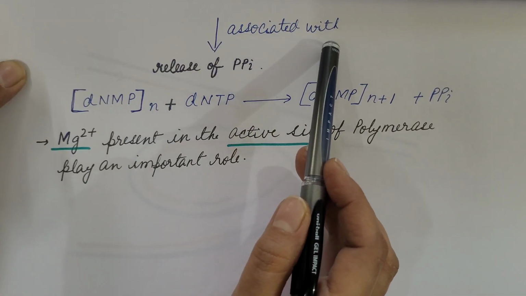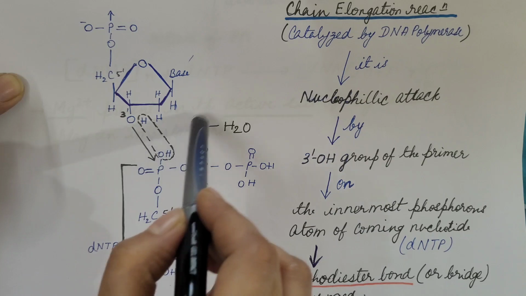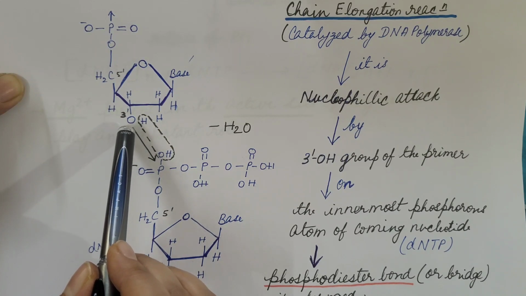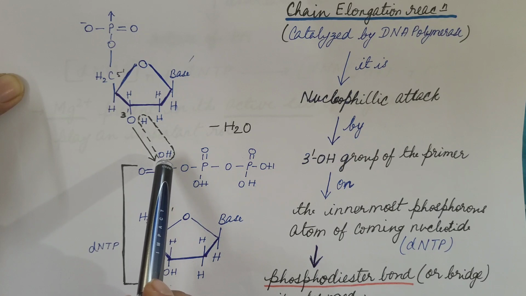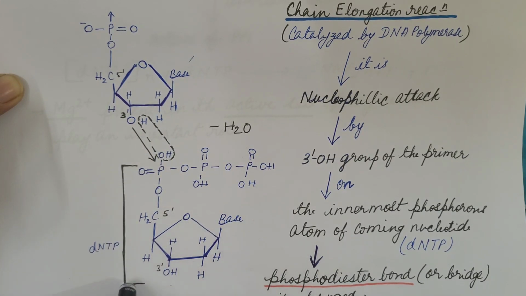This is also associated with the release of pyrophosphate. So this is the primer, this is the 3' group of the primer. This results in the nucleophilic attack on the innermost phosphorus atom of the incoming deoxynucleotide triphosphate or nucleotide.